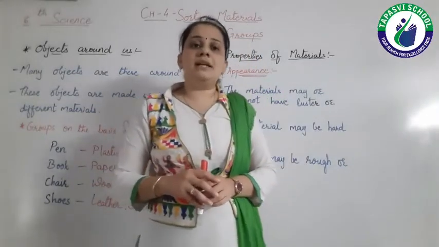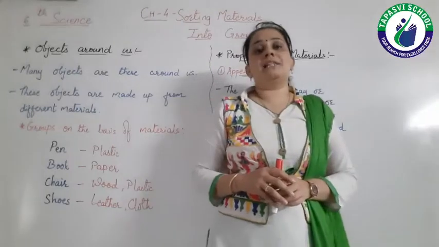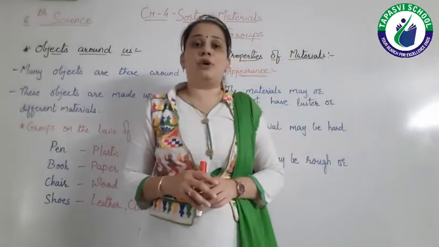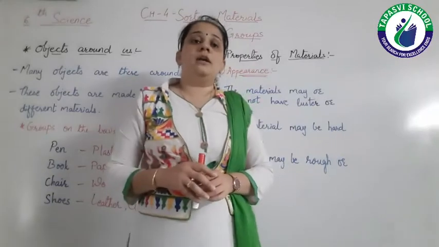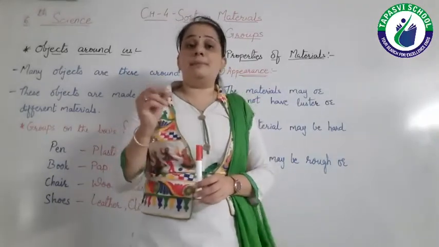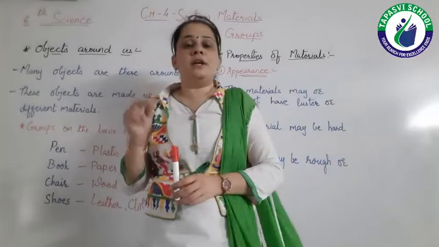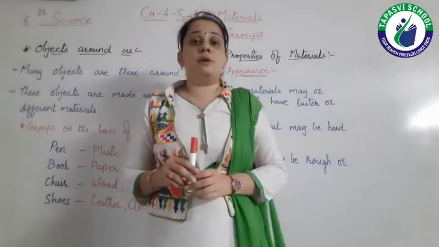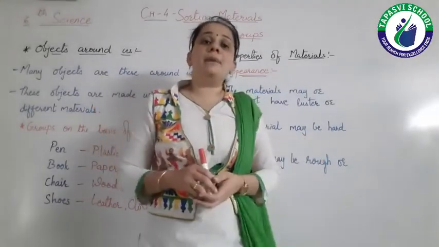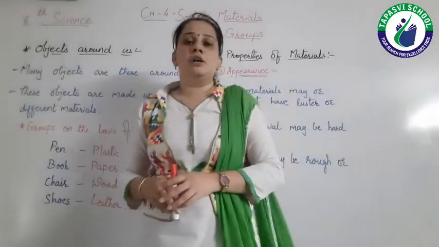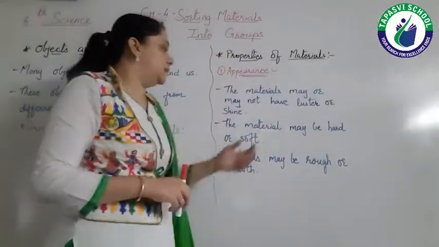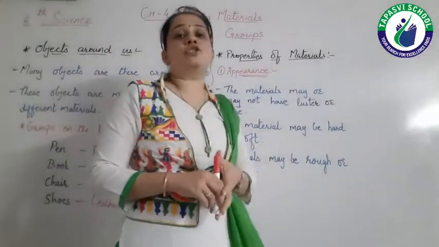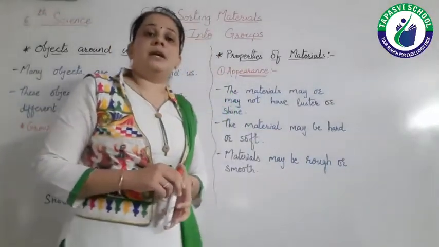So some materials are hard while some materials are very soft. Say for example, pillow or the thing which is made up of cotton, it is soft, and the thing which is made up of wood or metal, it is hard. So the second property, okay, is the hardness and softness of the material.